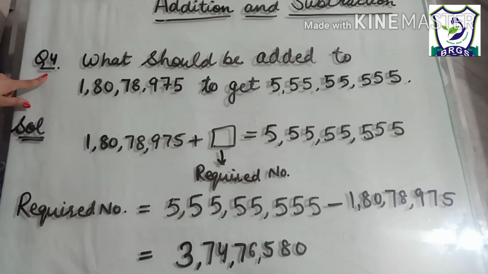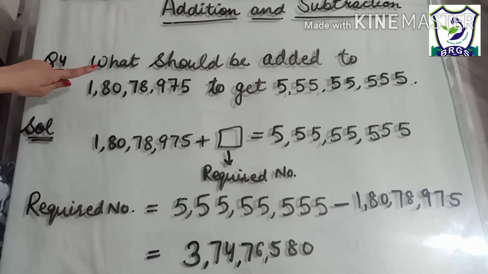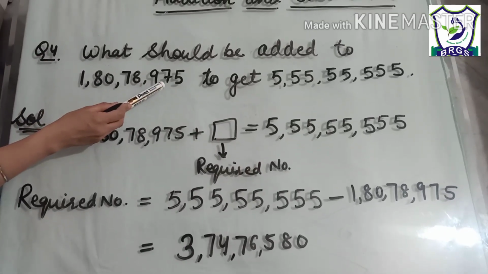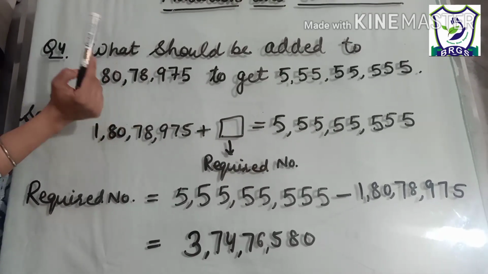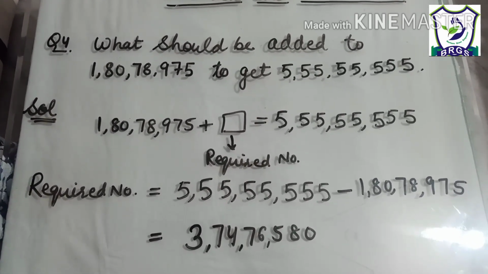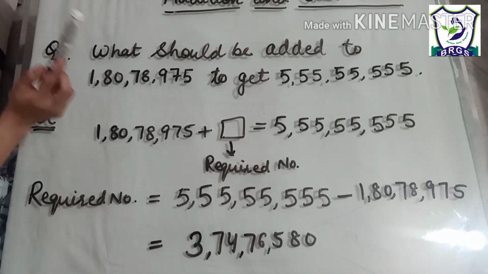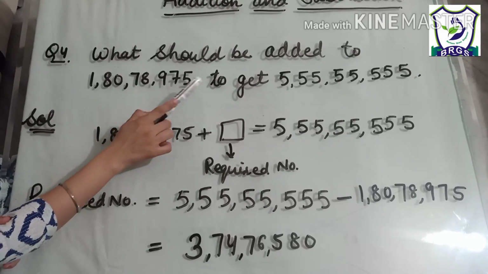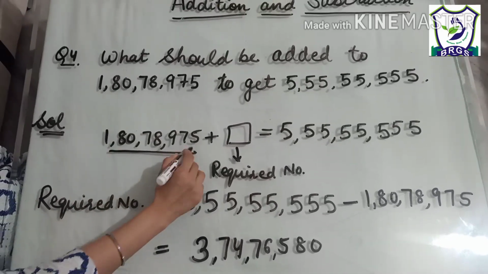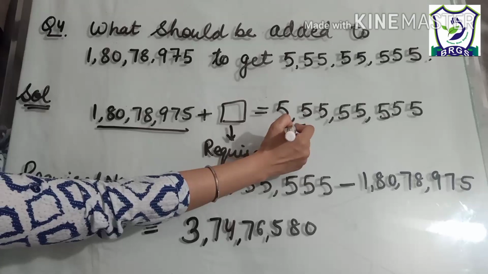Let's look at question number 4 of activity 3. Question number 4 is, what should be added to 1 crore 80 lakhs 78,975 to get 5 crore 55 lakhs 55,555. Now we have to tell what will be the required number which we will add to this number, so that we will get this answer as our solution. So this is the number, and we have to add a number to this, so that we get this answer.